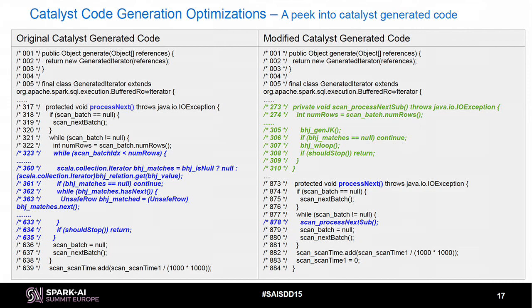The routine process next was more than 300 LOC initially, and with the modification it is hardly around 10 lines with a branch to a new routine where the rest of the logic is contained. There are multiple other routines also, but only one of them is shown here.